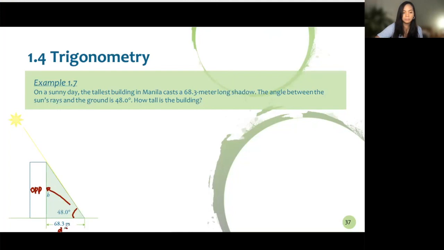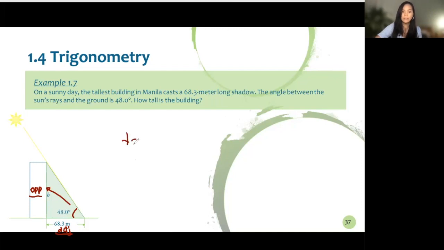Now tell me, adjacent. What SOH CAH TOA? SOH, CAH, or TOA? The sine, the cosine, or the tangent should be used if we're talking about an opposite and adjacent. Missing and given. Tangent, very good.